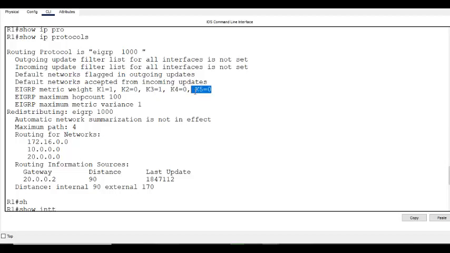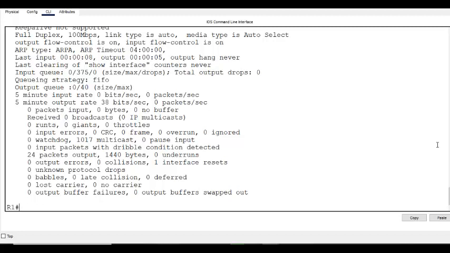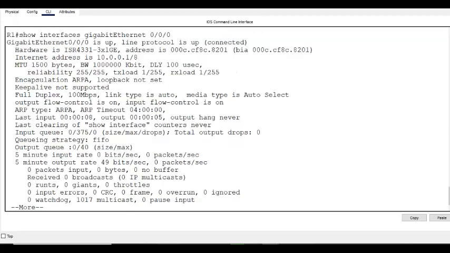Show ip protocol. Now, look at this. Auto summarization is in effect or is not in effect.